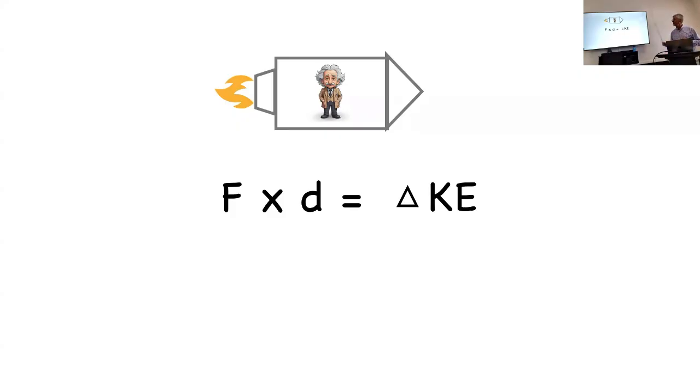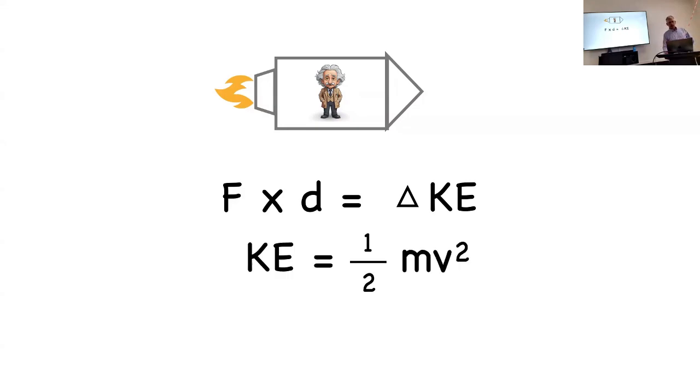To put it another way, as you apply a force, where in this case the force is the rocket engine, as that force operates, the kinetic energy will increase and accelerate. And specifically, the kinetic energy is 1/2 mv squared. At low velocities, this is true.